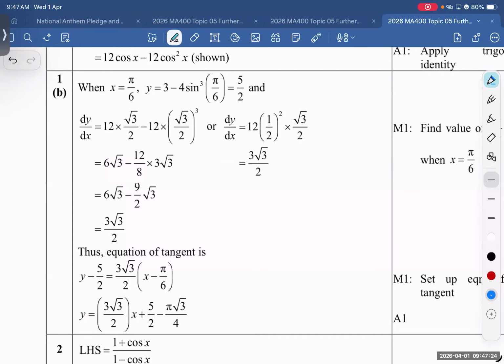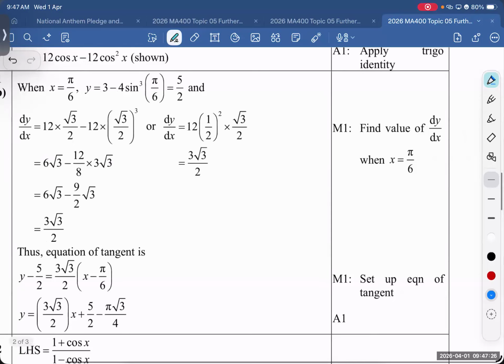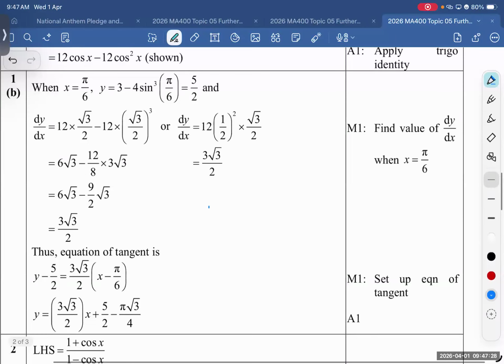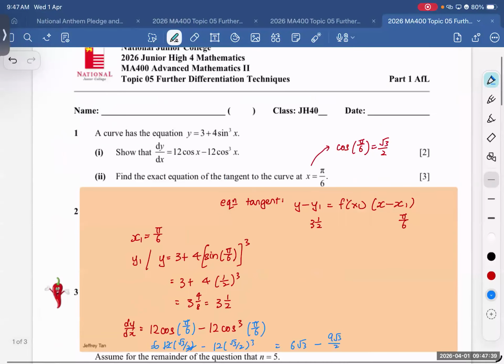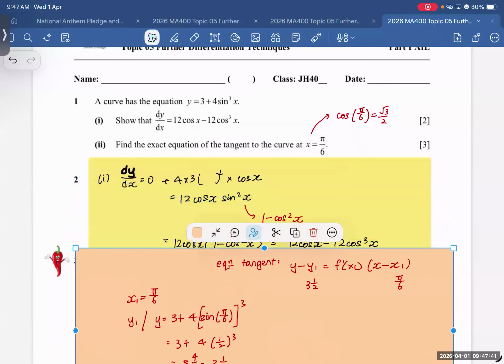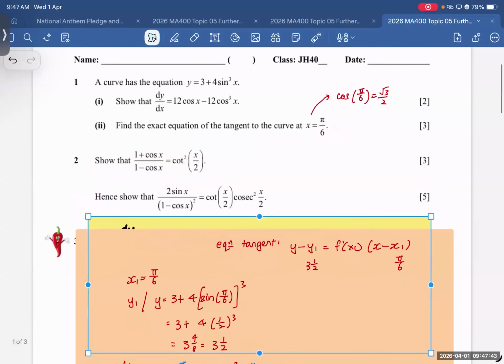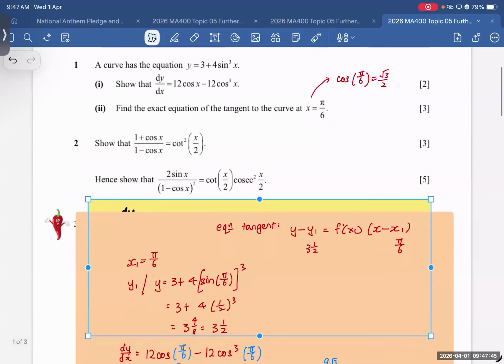Is there something wrong? Okay, so 3 minus 4 of half power 2.